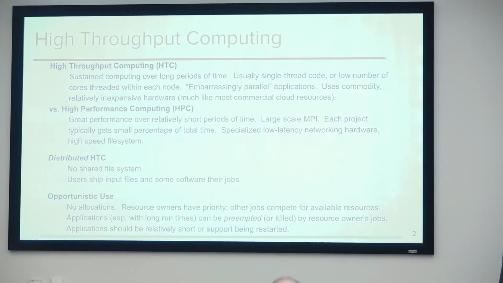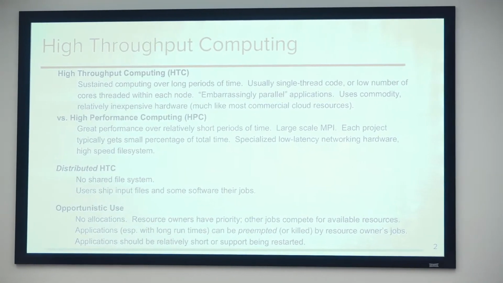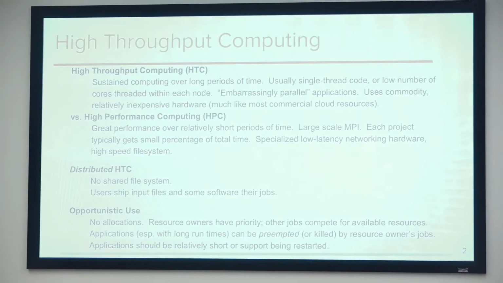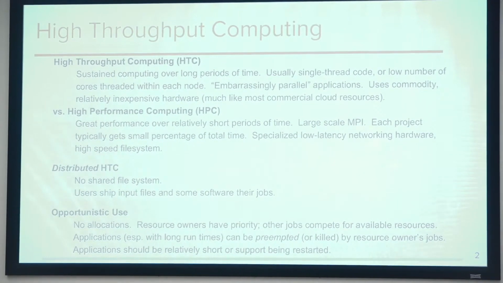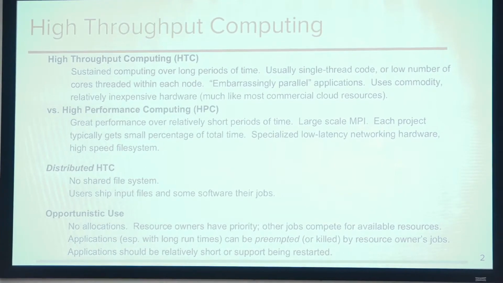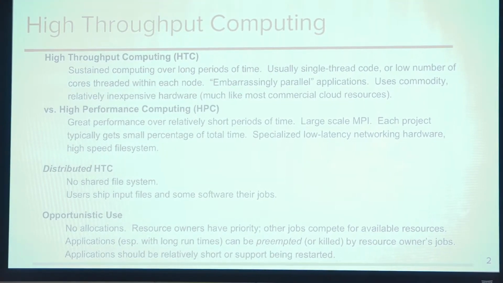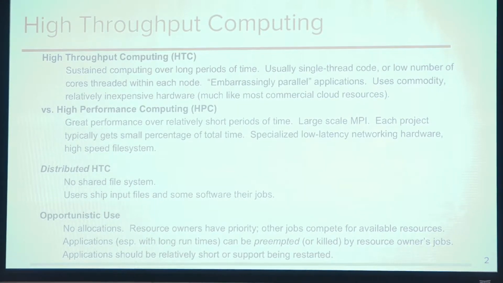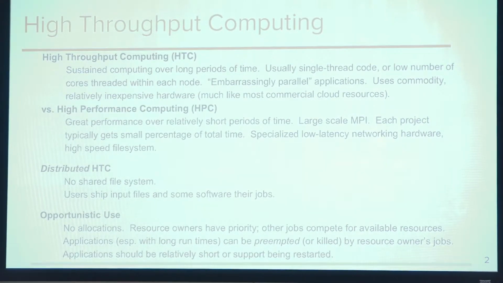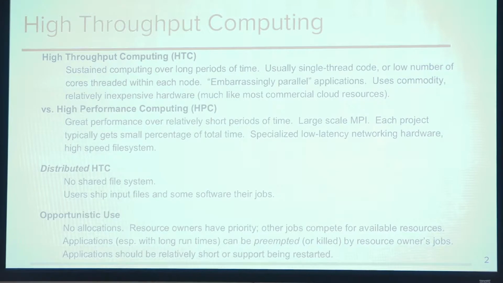Also, a very big aspect of HTC is that we have a lot of opportunistic use, so we don't have any allocations. The resource owners of the different pieces all over the world get priority on those machines. Everybody else competes fairly for everything else that happens to be unused.